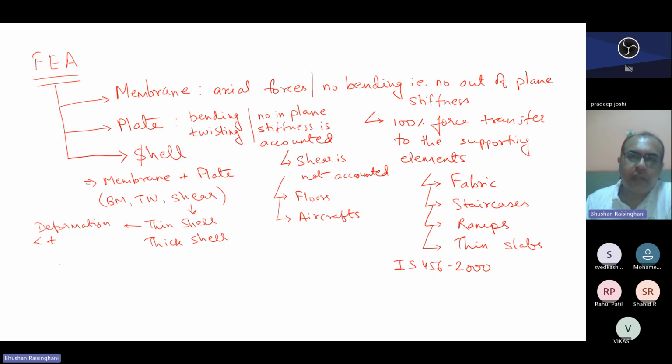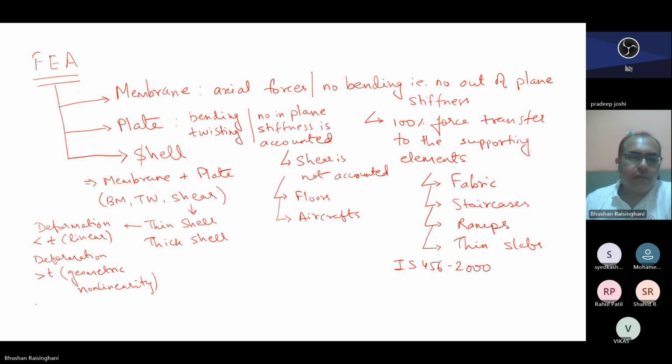So whatever the deformation that happened is lesser than or equal to the thickness of that element. Then you can say it is a thin shell element, in the linear range. Now, if the deformation is higher than the thickness, then it becomes geometric non-linearity.